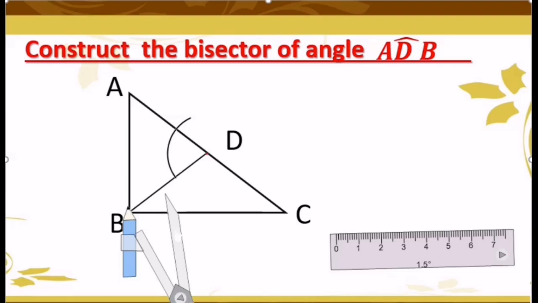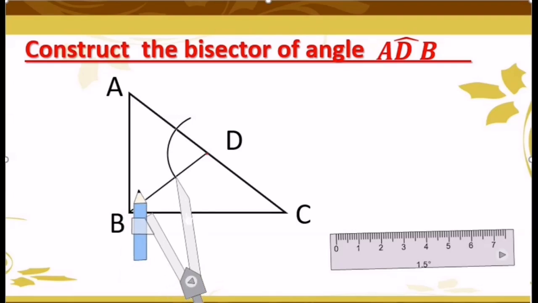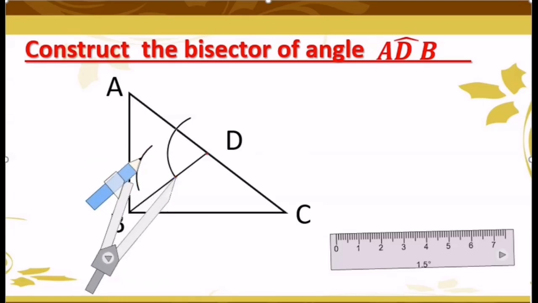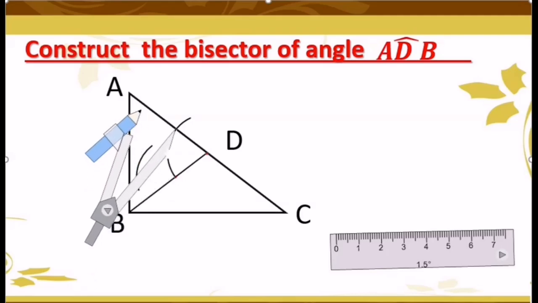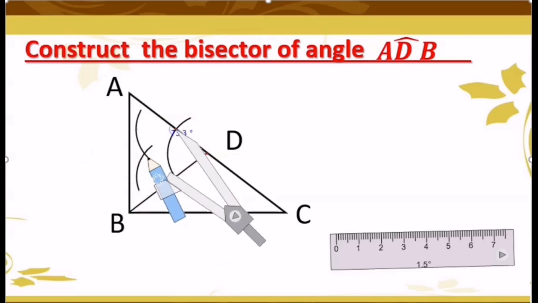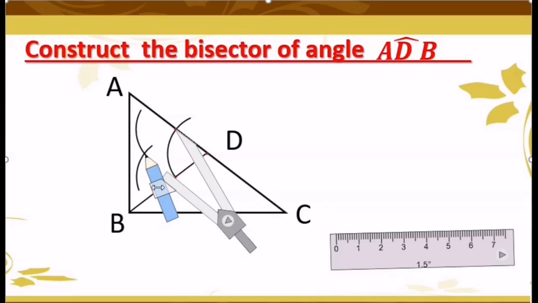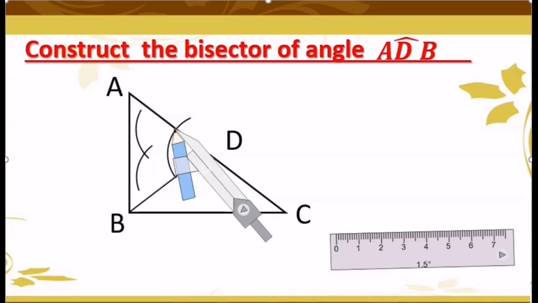Again, step number 2, we place the compass at this point and draw another curve. We do the same at this point, but keep in mind that you should not change the opening of the compass or the radius. And we draw a curve. As you see, the two curves intersect at this point.